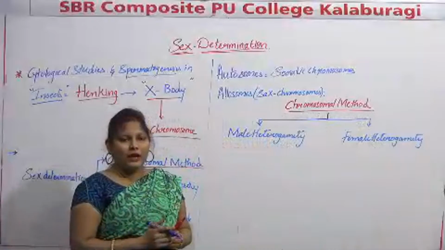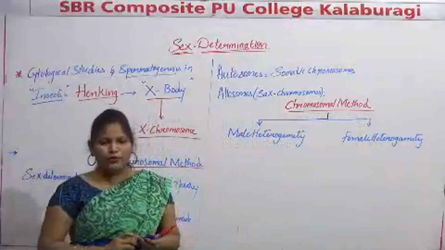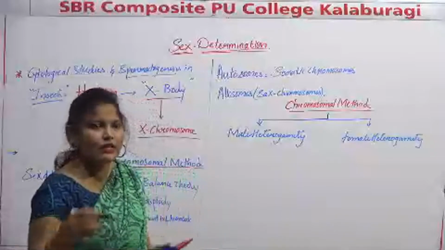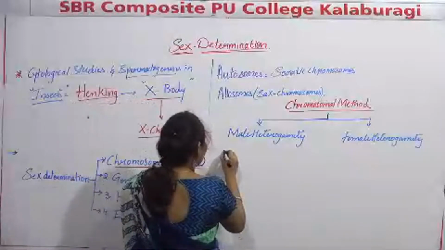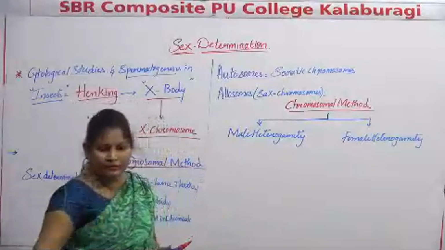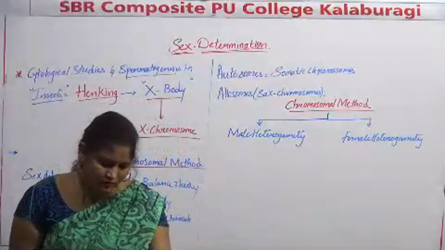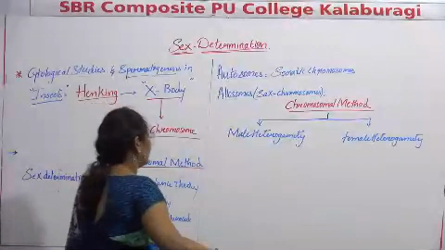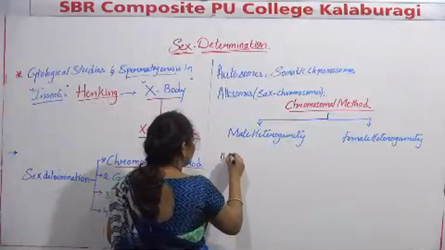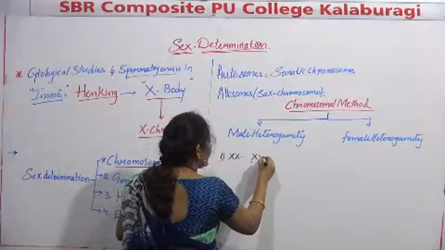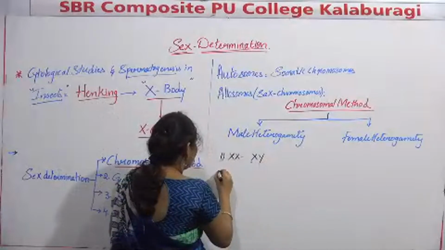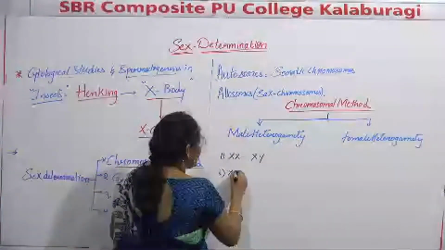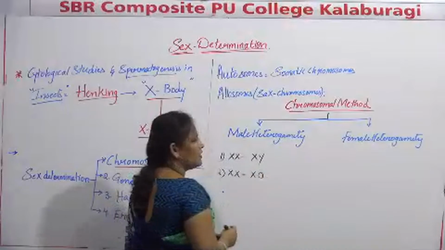Now male heterogamety is again of two types: the XX-XY method and the XX-XO method.